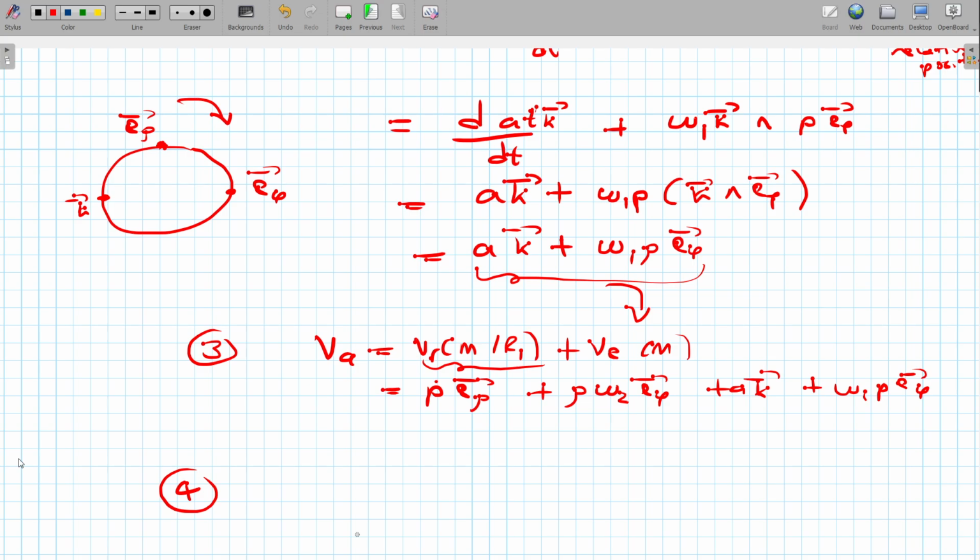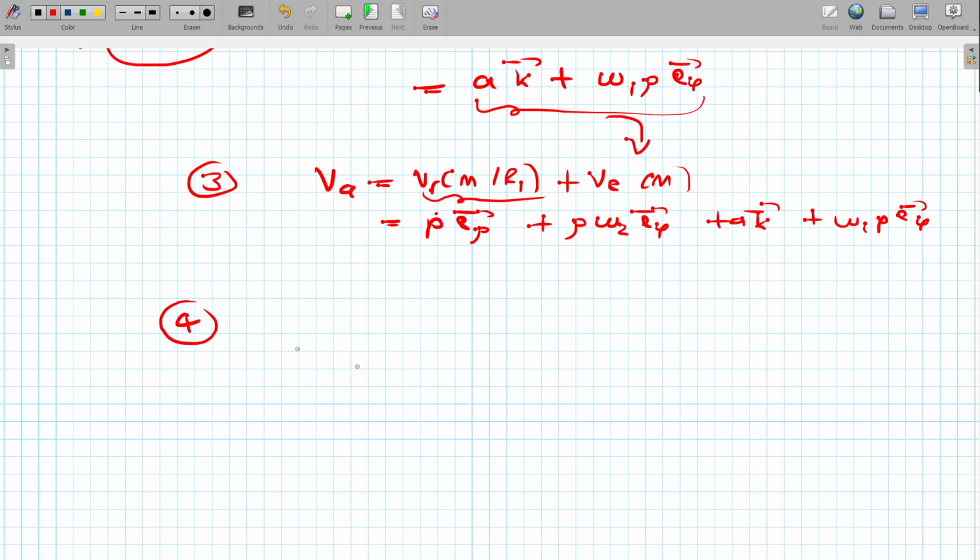So what is the relative velocity? We already have the expression for the relative velocity. So this one is also an easy question. So let's find the relative acceleration of the point M in R. This is going to be equal to the derivative of the relative velocity of M, d/dt with respect to R1.